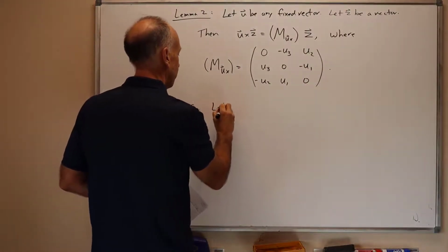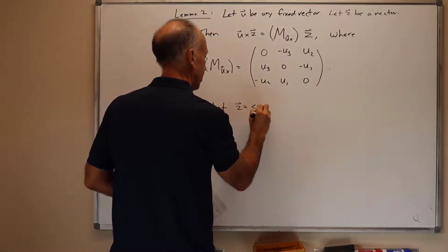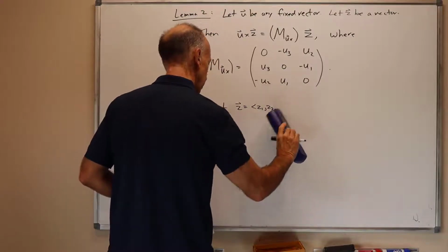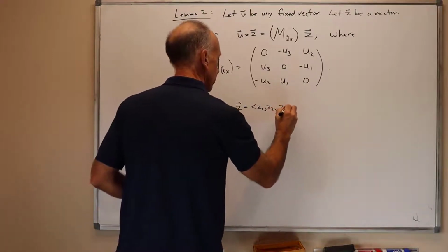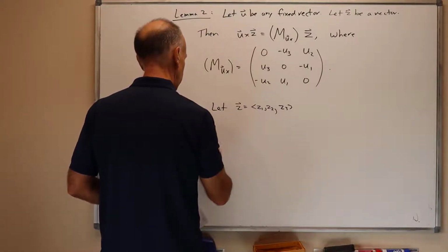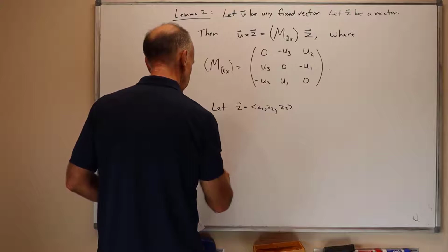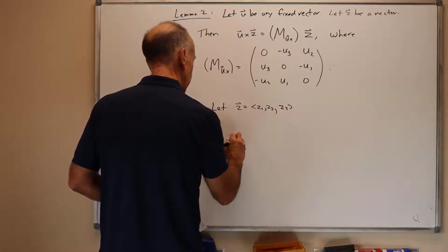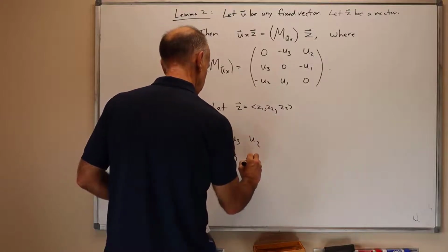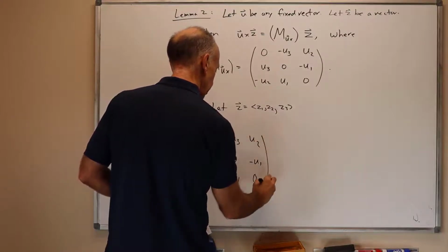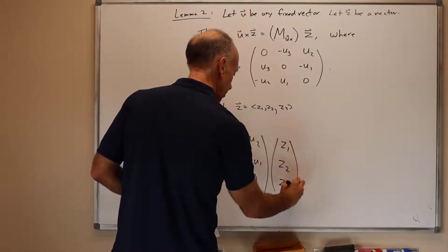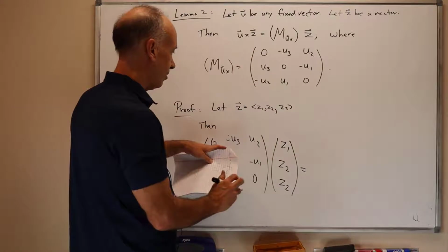So let z be the vector z1, z2, z3. Then if we take 0, u3, minus u2, minus u3, 0, u1, u2, minus u1, 0, and we multiply it by z1, z2, z3, well, we just work out what's going on here.